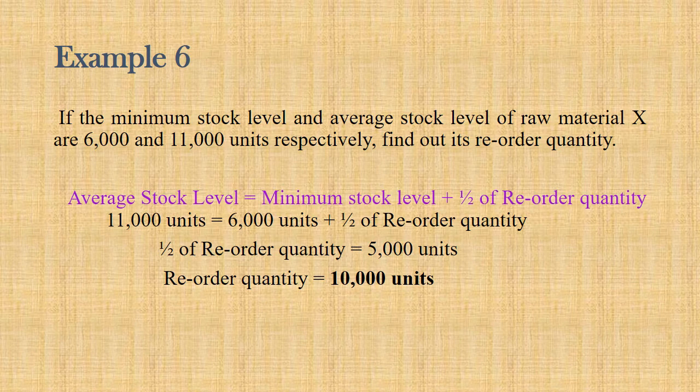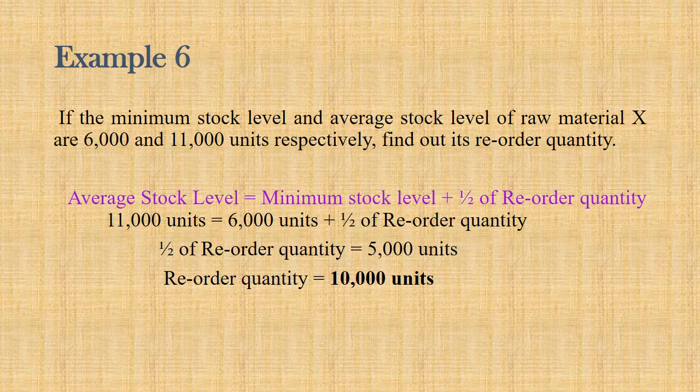Looking into example 6, if the minimum stock level and the average stock level of raw material X are 6,000 and 11,000 units respectively, find out its reorder quantity. We know the formula for average stock level, that is minimum stock level plus reorder quantity divided by 2.